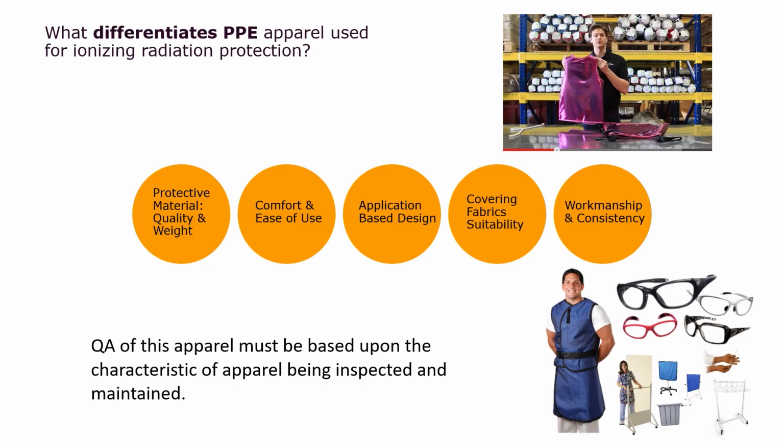What application? Are there differences in apparel for men and for women and children? What are the covering fabrics and how suitable are they for maintaining a sterile environment? And what is the workmanship and consistency in each piece? This will vary by manufacturer and vendor and needs to be looked at very closely.